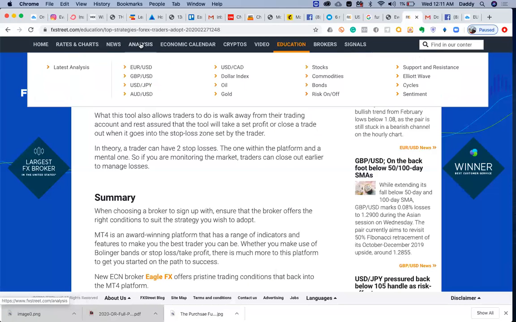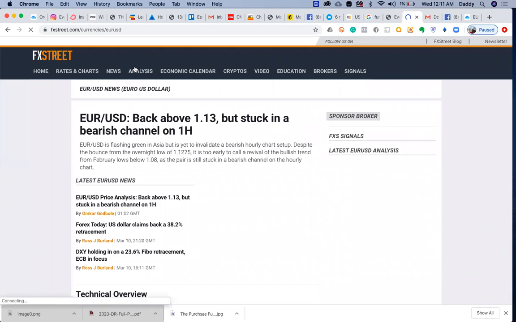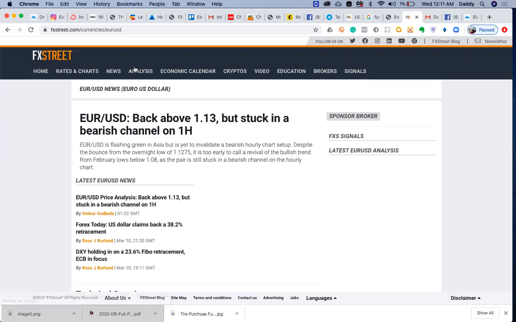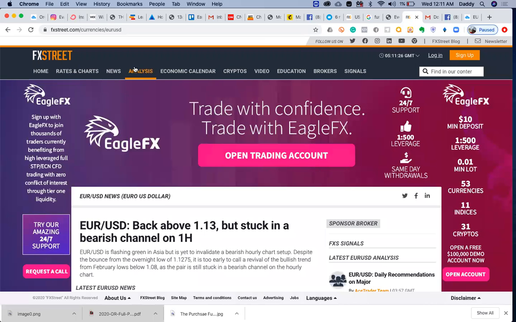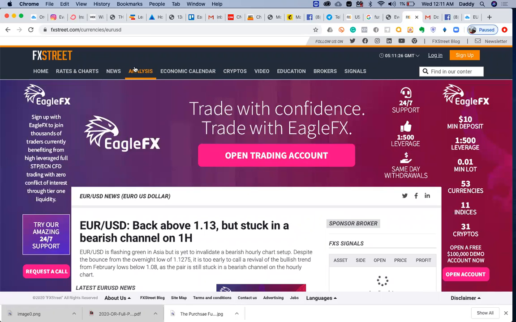And if you do analysis on any of those, it'll even give you S1, S2, S3, R1, R2, R3. Support 1, support 2, support 3. Resistance 1, resistance 2, resistance 3.